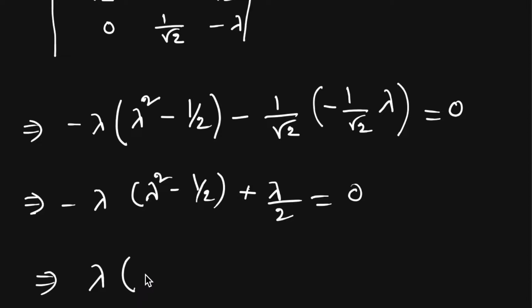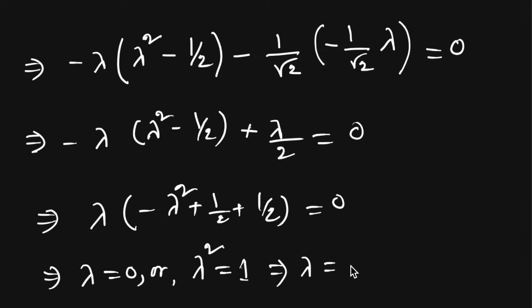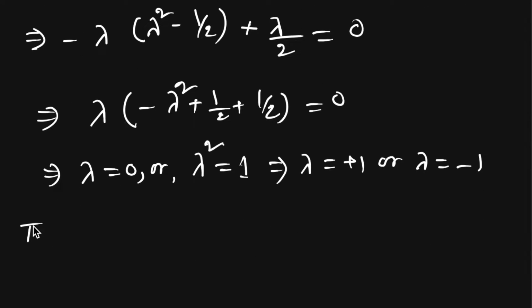Means lambda minus lambda square plus half is equal to 0. This means the value of lambda will be either 0 or lambda square is equal to 1, which implies lambda equal to plus 1 or lambda equal to minus 1.